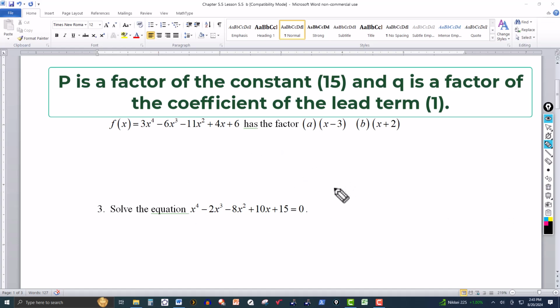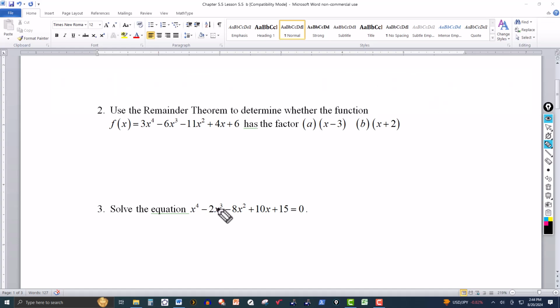So what you do here then is set it up this way. You got 4, 3, 2, 1, and then the constant. Those are the exponents, so this has to be in descending order. So we're going to put a 1, minus 2, minus 8, plus 10, and 15.